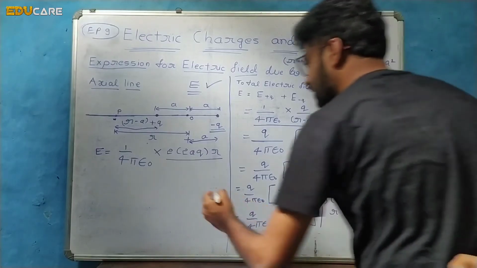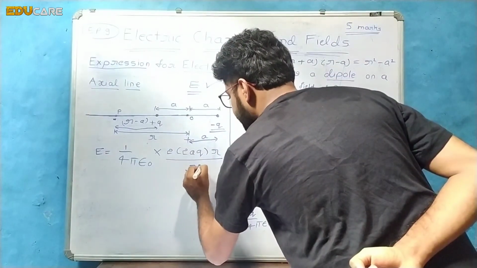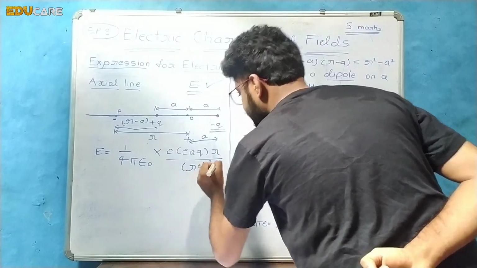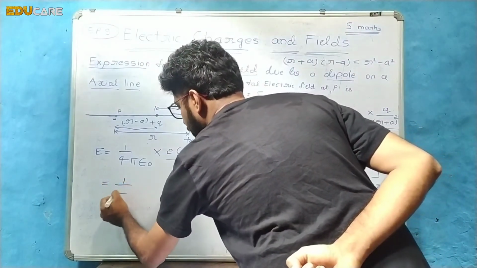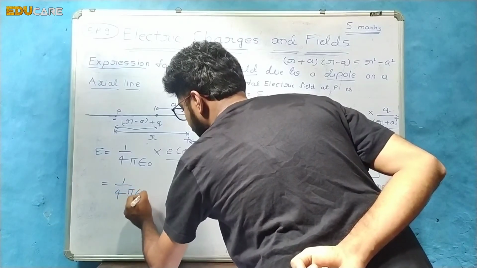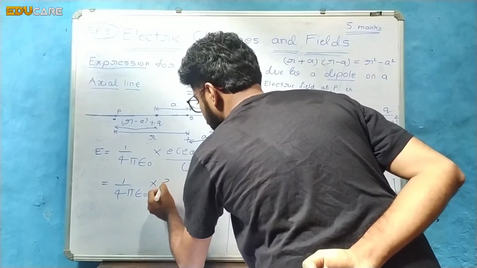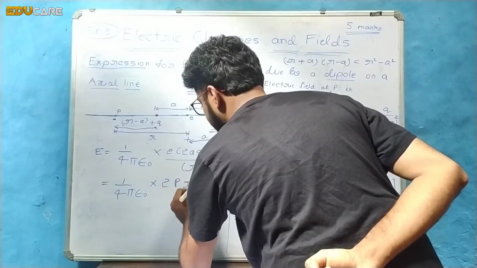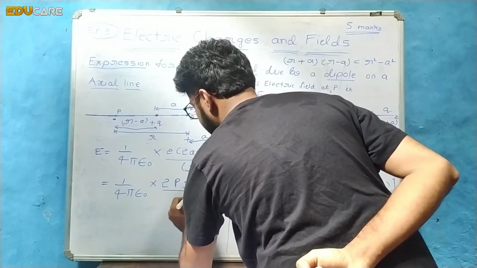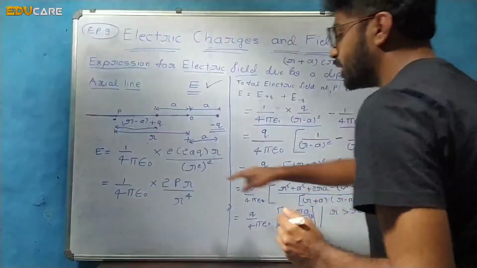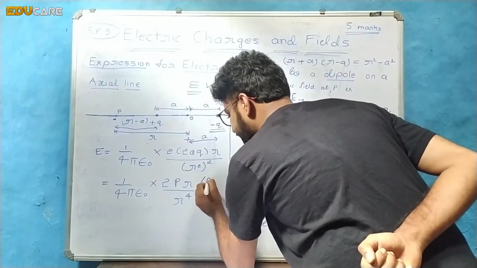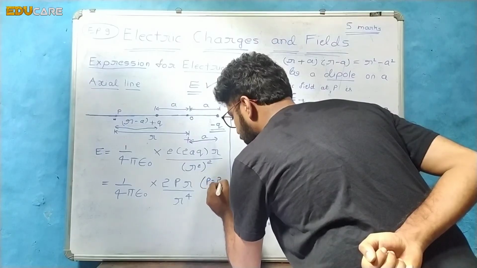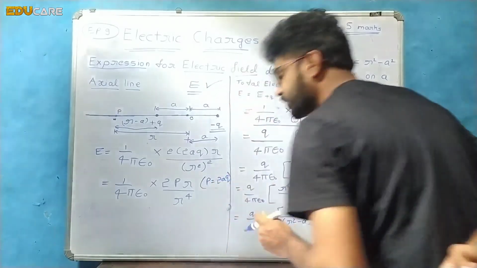So we can write it like this: R square whole square. Is it clear? Now the next step is 1 upon 4 pi epsilon naught into 2PR divided by R raised to 4. How did P come here, we already know dipole moment is represented by P and which is equal to 2A into Q. Understood?